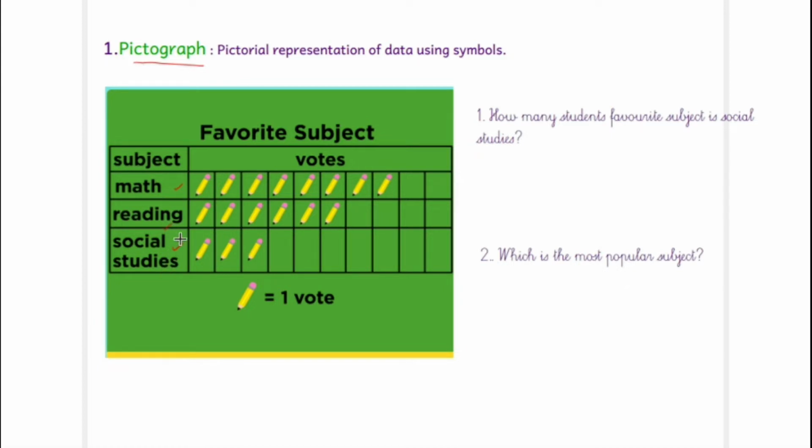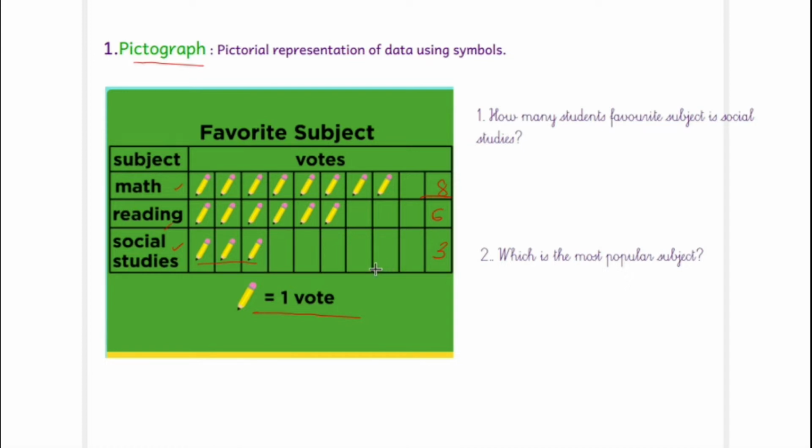They have voted like this. Each pencil stands for 1 vote, that means 1 pencil means 1 person. In maths, the votes are 1, 2, 3, 4, 5, 6, 7, 8. So 8. For reading we have 6 votes, and for social studies we have 3 votes.